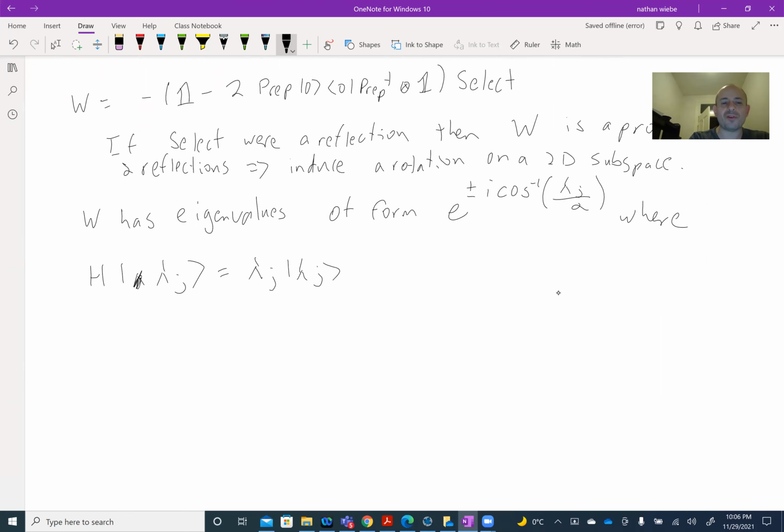So these are eigenvectors of the Hermitian matrix H. Because H is a Hermitian matrix, all these eigenvalues exist, and lambda j is real.